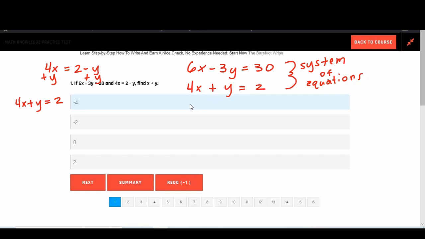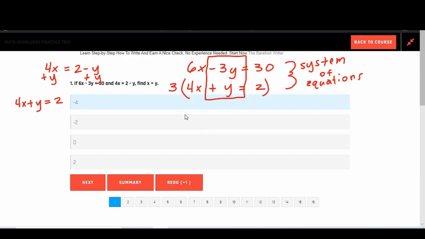More often than not, you want to find something you can multiply one of these equations by, then add it to the other equation to solve for one of the variables. In this case, if I multiply this bottom equation by 3, that will make this positive 3y. When I add that to negative 3y, the variable y is going to go away, and I can solve this problem accordingly.